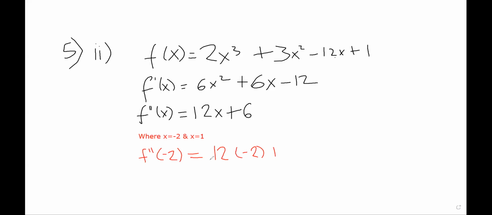So we can multiply through. -2 times 12 gives us -24 plus 6. Gives us +6, and that is going to give us -18.